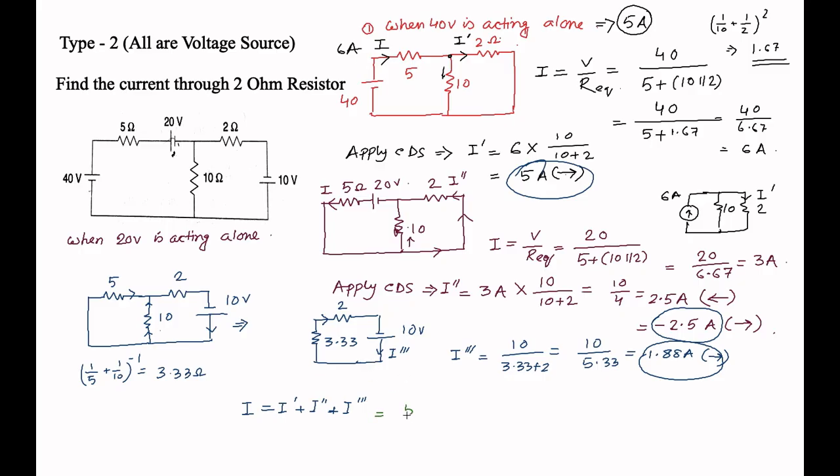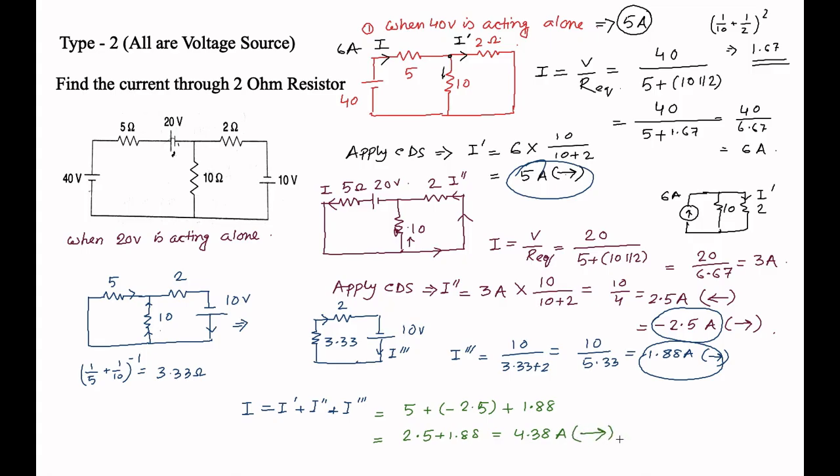So it becomes 5 minus 2.5 plus 1.88, because to make 2.5 in the same direction we make it minus 2.5. So it becomes 2.5 plus 1.88, that is 4.38 ampere, and obviously the direction of current is left to right.